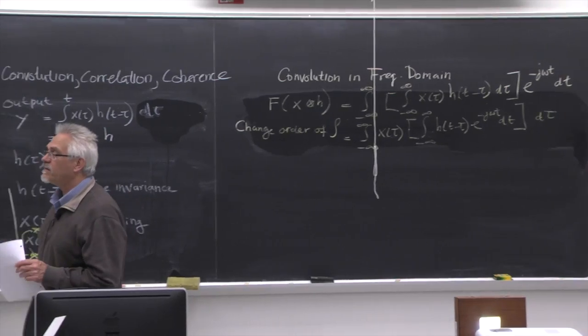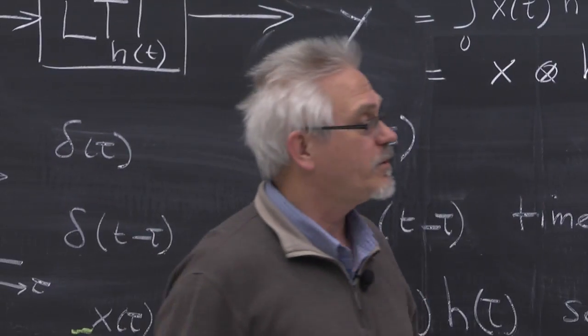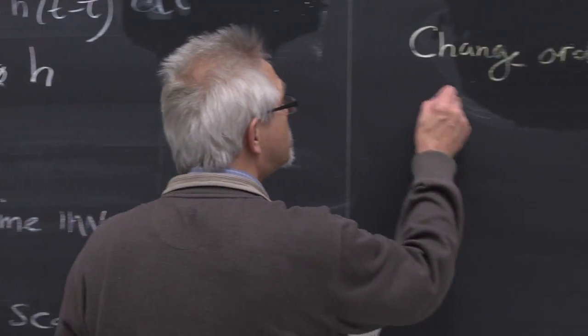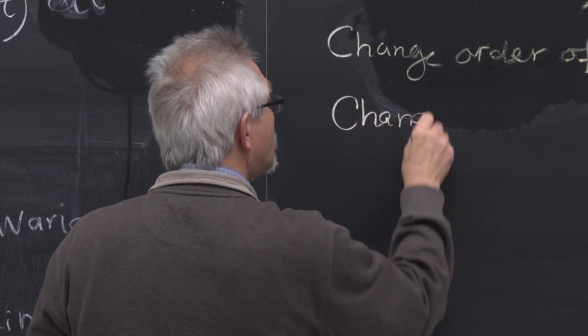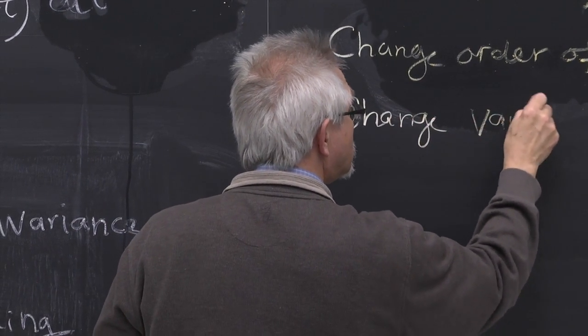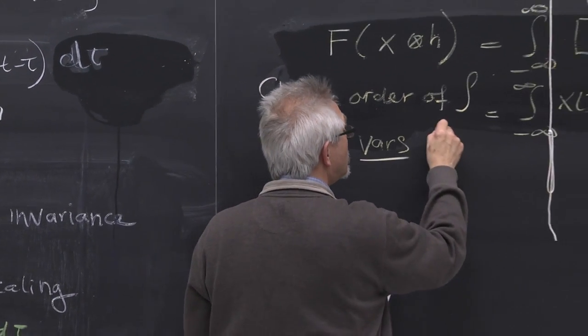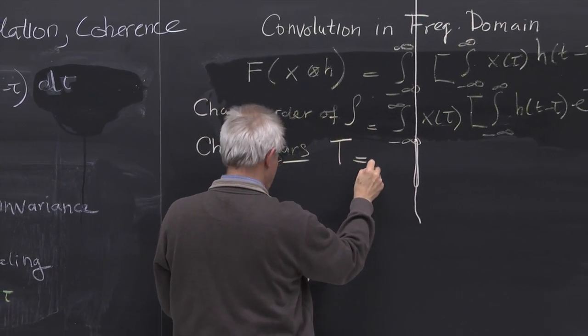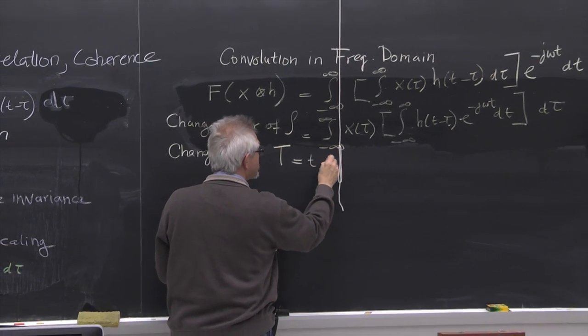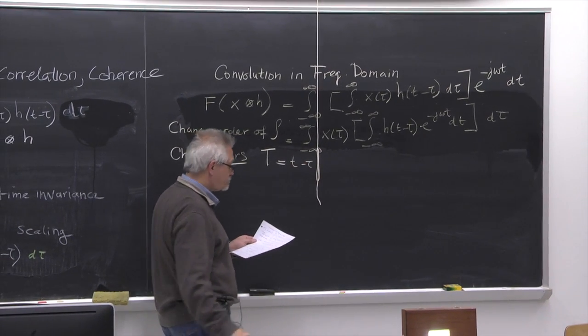The next thing I'm going to do is change variables. I'm going to use capital T as t minus tau.